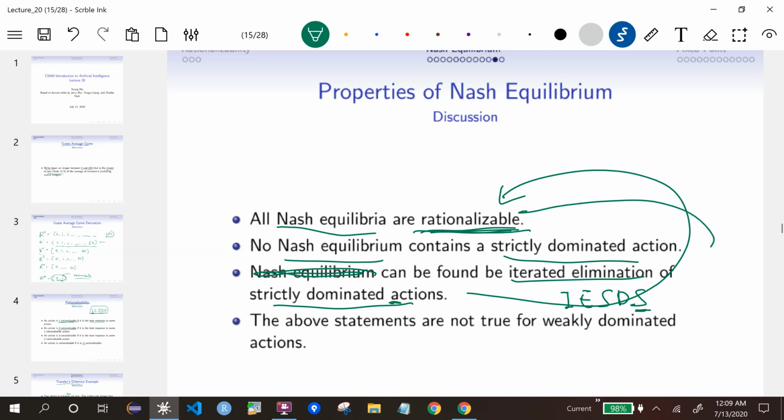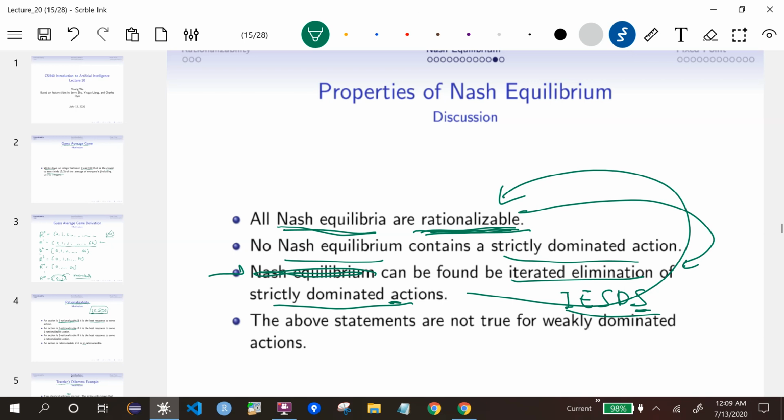But in any case, this is used to find the set of rationalizable actions. And since all Nash equilibria are rationalizable, one particular Nash equilibrium would be a part of this, but it cannot be found by using this process. So I do need to make a correction in the version of the slides that I post.